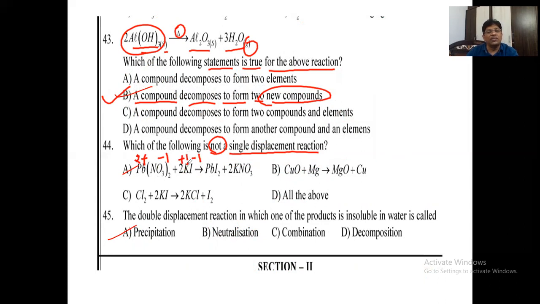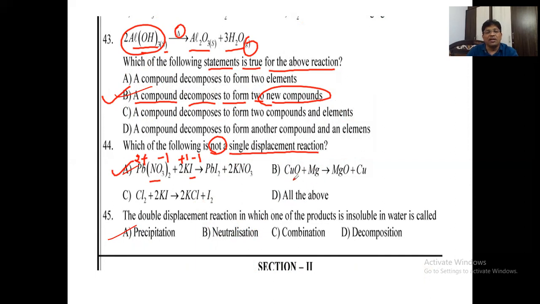Here double displacement is going on, with 2 cations and 2 anions. NO3- is displaced by I-, and I- is displaced by NO3-. So Pb(NO3)2 becomes PbI2, and KI becomes KNO3. So it is not single displacement. The first option is a double displacement.